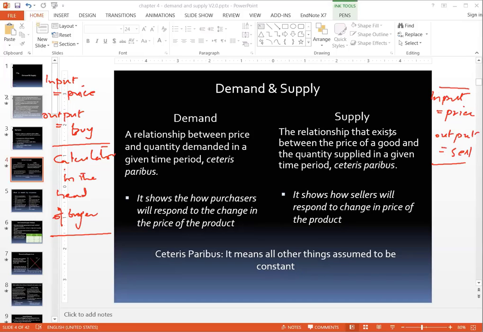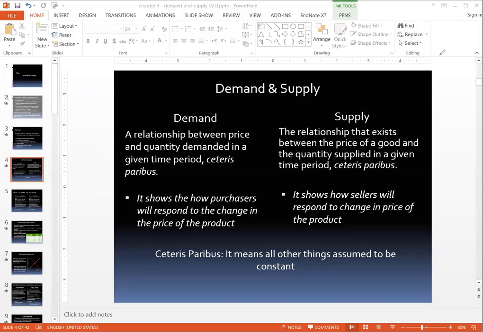There is a calculator in the mind of the seller with one input and one output, and the relationship between input and output is supply. I already talked about ceteris paribus. In simple words, demand talks about the purchase decision, and supply talks about the selling decision.